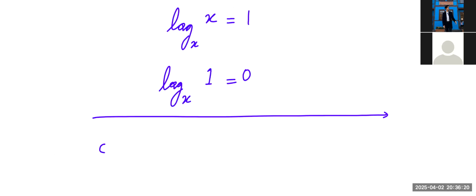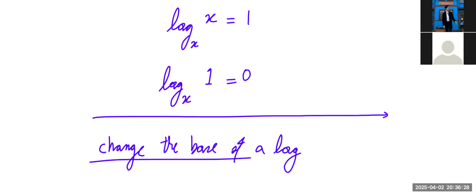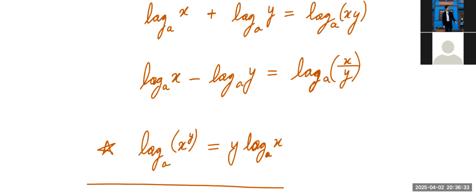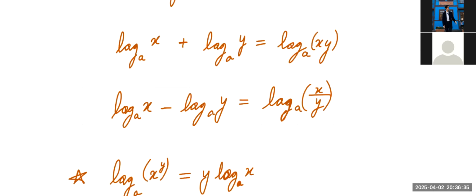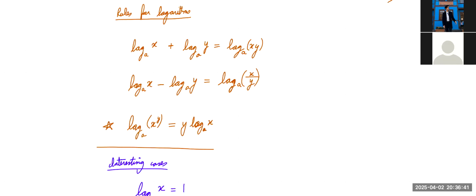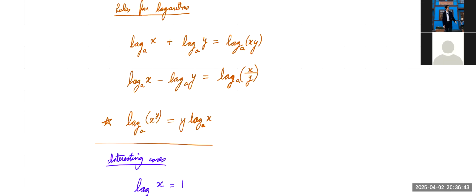You can actually change the base of a log. So you know these guys, you can change them. And that's pretty cool because all of these rules we talked about, they rely on the logs having the same base. And now you know that even if they don't have the same base, you can convert them to the same base and then do whatever you want with them.